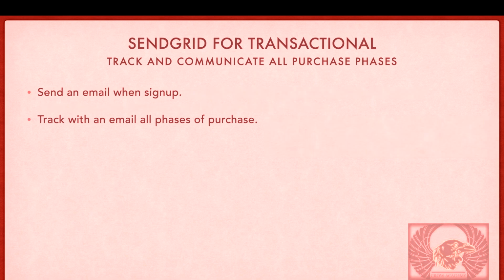And also SendGrid for transactional emails. It's very important to track and communicate all purchase phases. For example, send an email when the user signs up, and track all phases of purchase. Also, you can send a mail for notifying of a new product. We're going to integrate this functionality.